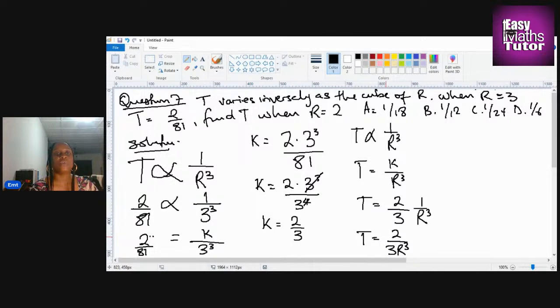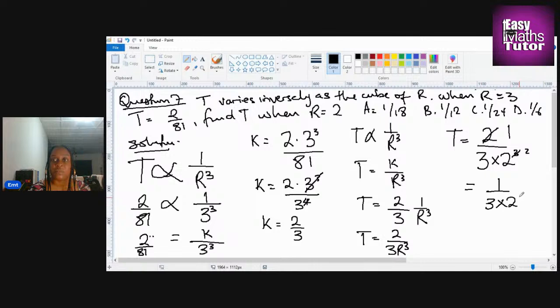So the real question says we should find the value of T when R is 2. The value of T when R is 2. So we say T is equal to 2 over 3 times 2 raised to the power 3. 2 cancels 2, remaining 2, giving us 1 all over 3 times 2 raised to the power 2, which is 1 all over 3 times 4.